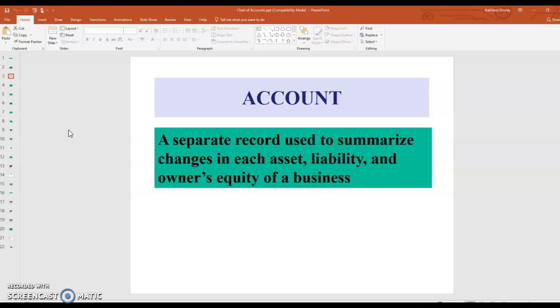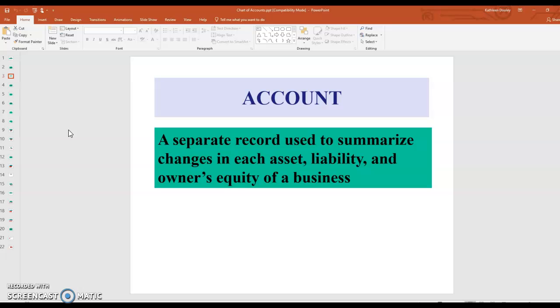Any increases or decreases in that particular thing are recorded into that account. So if we have an account for cash, which is the money in the business checking account, and we have an increase in that, then we're going to show an increase in the cash account.